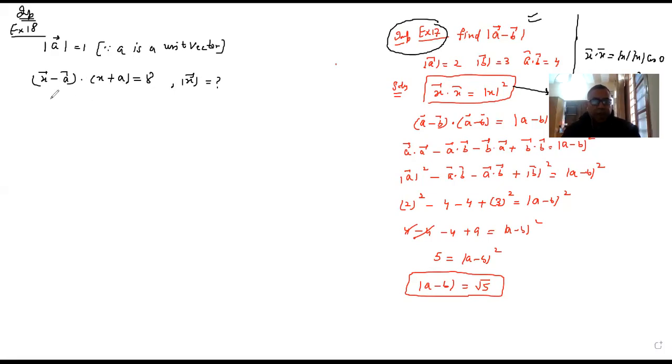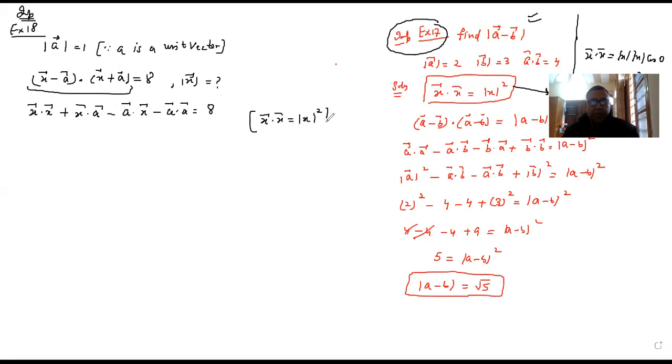So when we solve this question, we will take care of the dot product. That means x minus a dot x plus a. So this is equal to x dot x plus x dot a minus a dot x minus a dot a, equal to 8. Now, in the last question, we did the relation x dot x is equal to magnitude of x square.